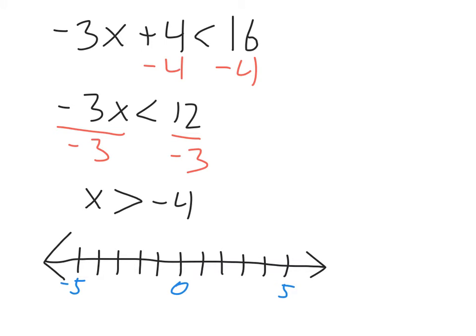There's no line underneath, so that means it's not equal to, so that means an open circle at negative 4. And we shade to the right. So just like solving a two-step equation, just make sure to switch the sign if you divide by a negative number, and make sure you graph it.